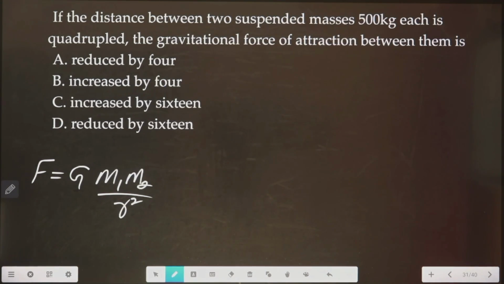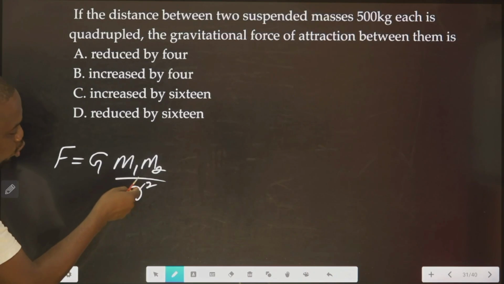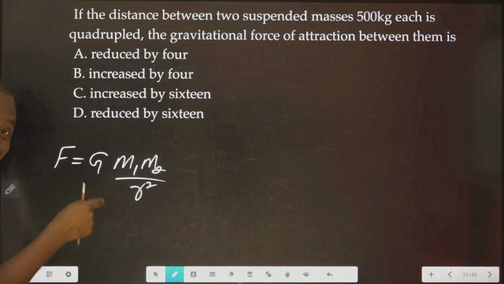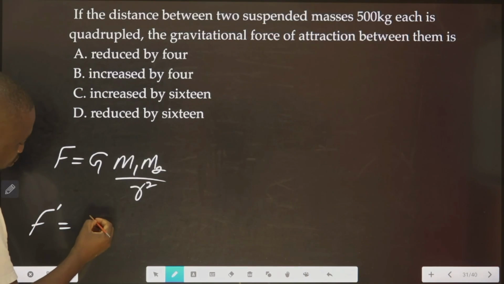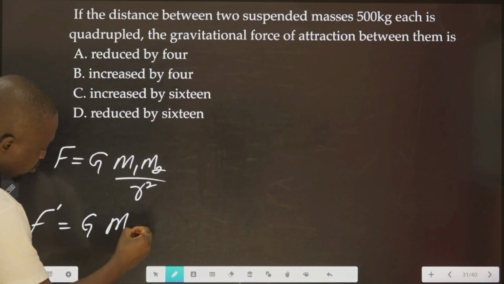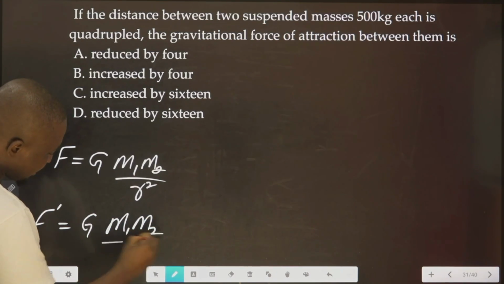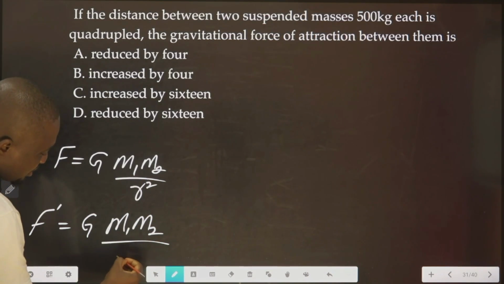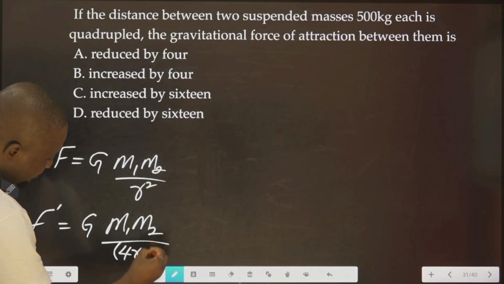But now, we are told that this distance is quadrupled. It means, therefore, we are going to replace this r. Let me call the new force like this. This one still remained the same, this was the only thing that was increased, 4 times the original.